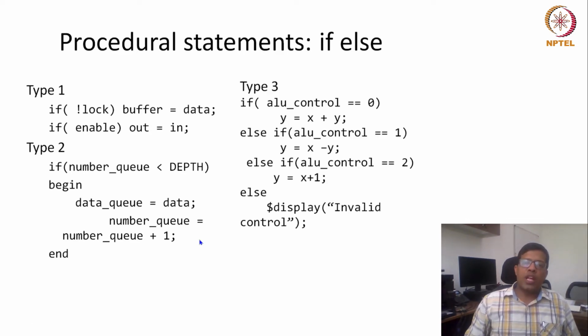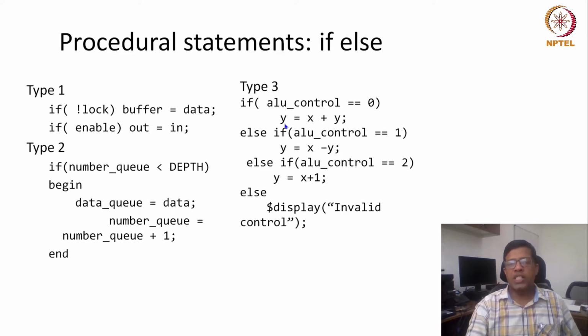Now let's say we would like to have if as well as else, so either it could be nested or it could be non-nested. In case it is nested, then we can write if, then the expression, then the statement corresponding to that, then else. After that we again have to write if.